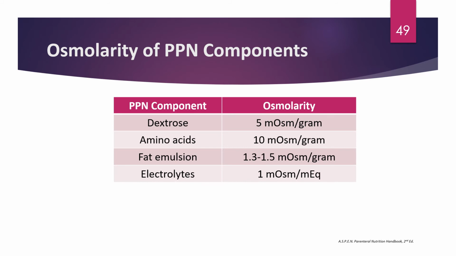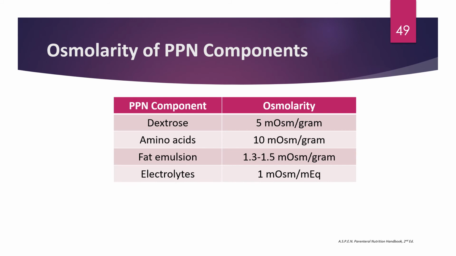Like we mentioned earlier, the osmolarity of the PPN components is going to dictate how much macronutrient or electrolyte you can actually put into the PPN. And these are the osmolarities per gram of each of these different components. A lot of times, a lot of computer software will do the calculation for you.